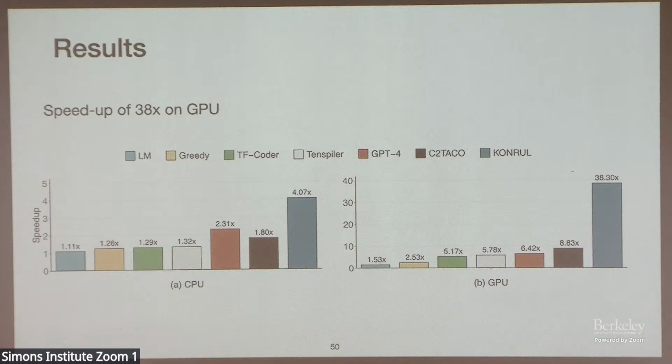Just out of curiosity, presumably there are different taco programs that you could lift to, right? It's not unique. I'm just wondering if there are any differences in the speed ups that you might get if you were to choose different ones. I think whilst there are different taco programs that you can lift to, they're not actually very different.